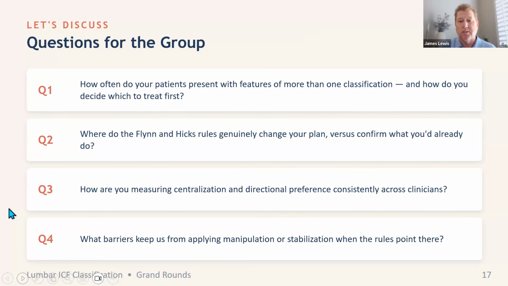Or we can start to seek out additional CEUs as individuals. But manipulation is certainly something that can be helpful. So if you're interested in it, look for a clinician that uses manipulation, talk with them, spend a little bit of time learning from them as well.